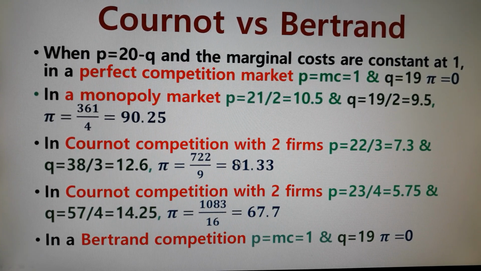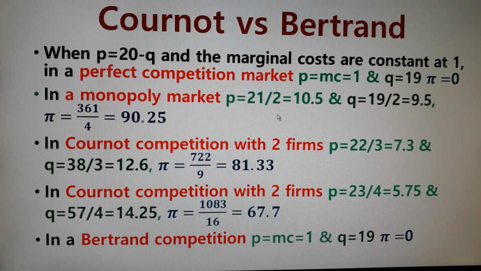And the profit, 81.33 to 67.7, decreased. Okay? What about the monopoly case? In the monopoly case, the price was 21 over 2, 10.5. The quantity is 9.5. P minus marginal cost 1 is 9.5. So 9.5 multiplied by 9.5 would be the profit.